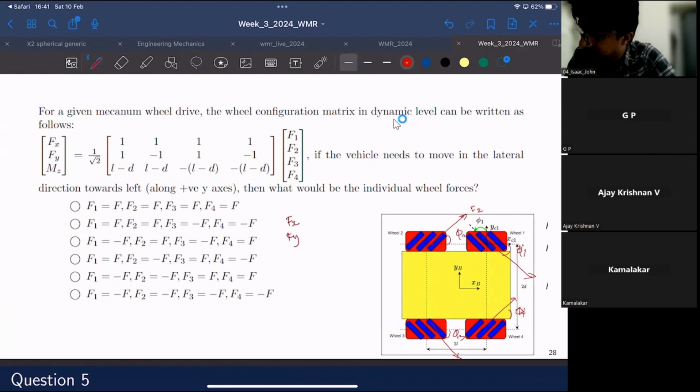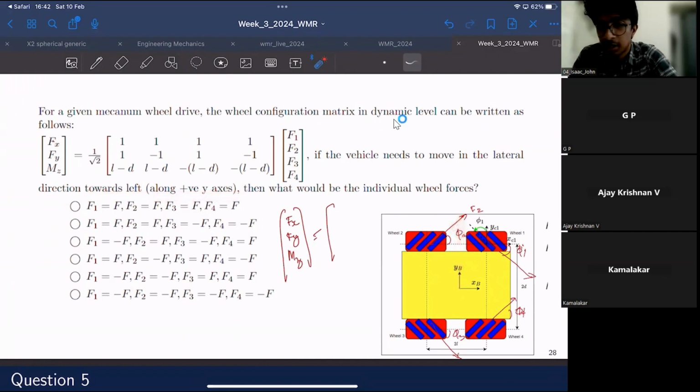Since it should move towards the left, along the positive y-axis, and the positive y-axis is this axis, Fx, Fy, Mz should be something like 0, k, 0. So the robot should move strictly along the y-axis.